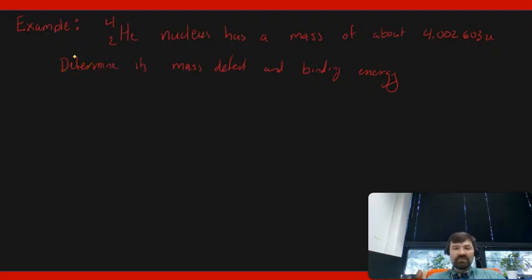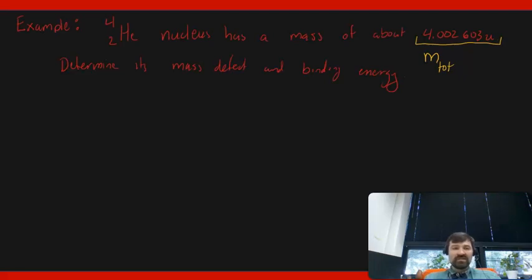All right, as an example, let's consider the common nucleus of helium. It is A equals 4, Z equals 2 helium. That means atomic mass number 4, 2 protons, ergo 2 neutrons. If I'm going to do this, I need to know the actual mass of the helium, and that's this number right here, which I've labeled M total.